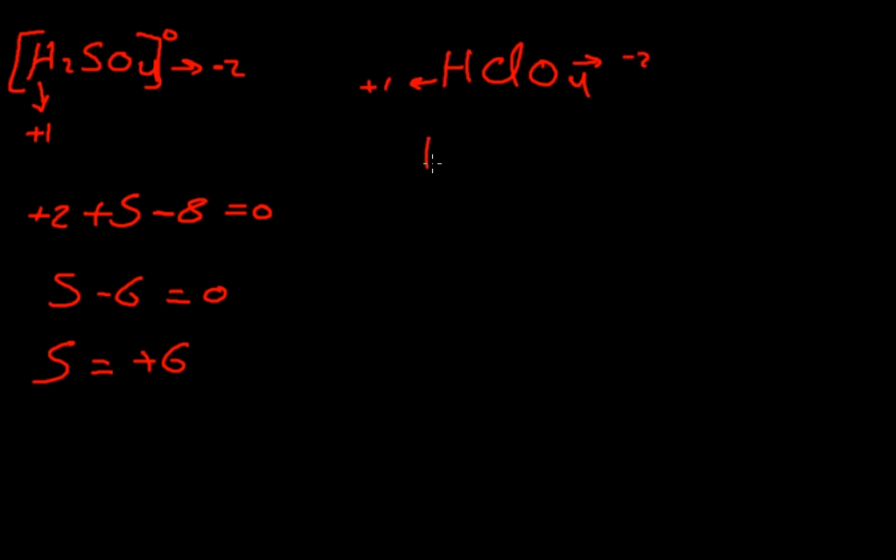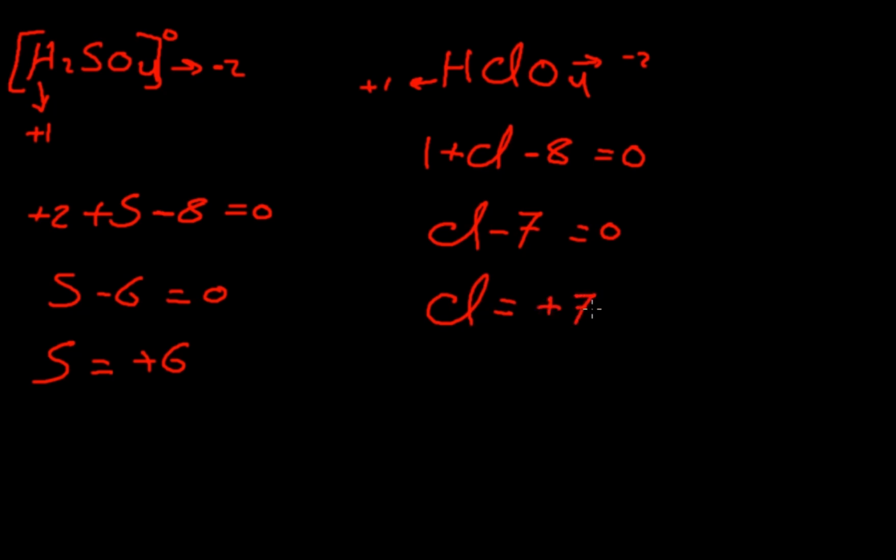Then we have 1 plus Cl -8 is equal to 0. Then we have positive 1 and -8. That means Cl -7 is equal to 0. Then the Cl is equal to positive 7.